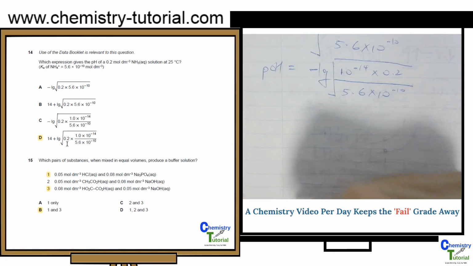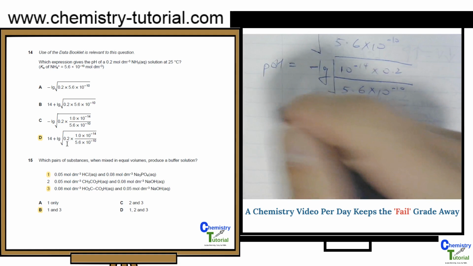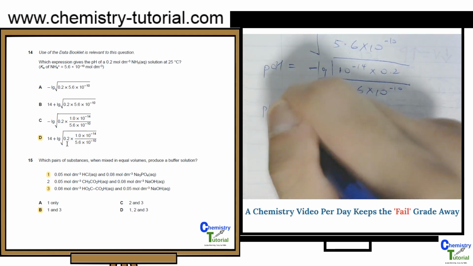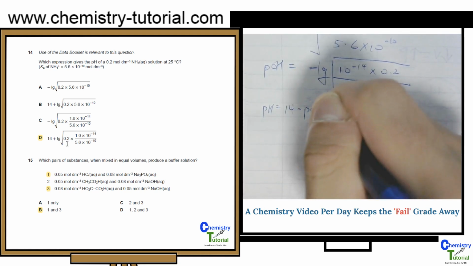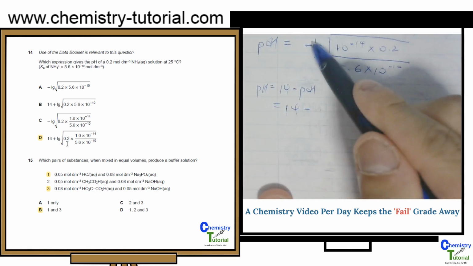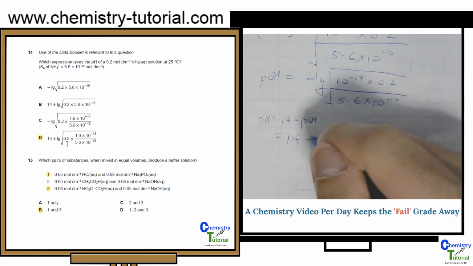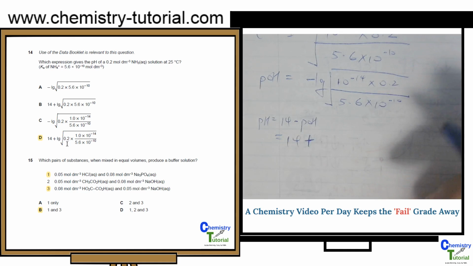However, the question asks us for the pH, and we know that pH plus pOH equals 14 because it's 25 degrees Celsius. Hence, pH is simply 14 minus pOH, which means it's 14 minus this whole thing. Minus this gives us plus, because negative gives us positive.